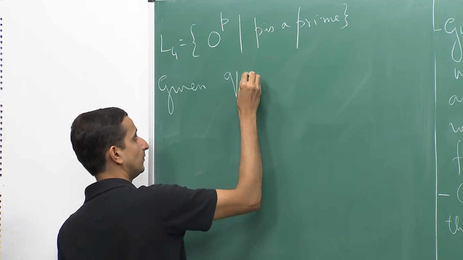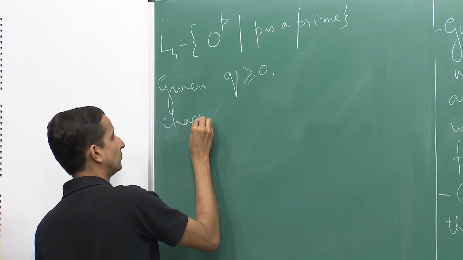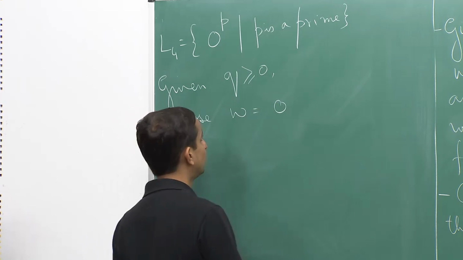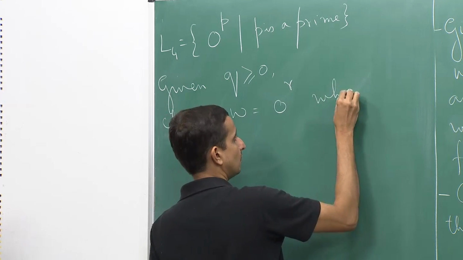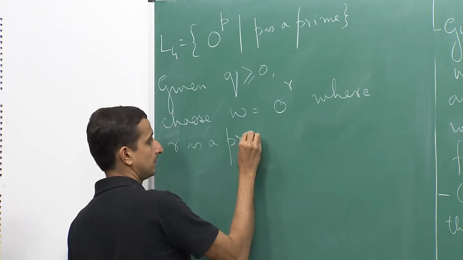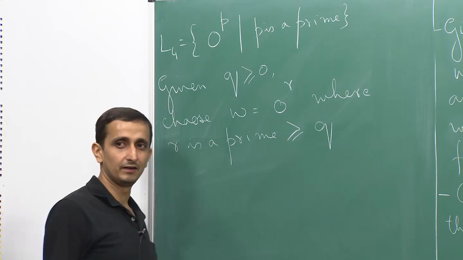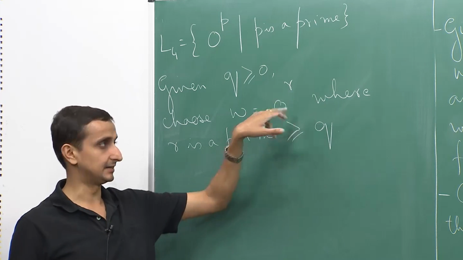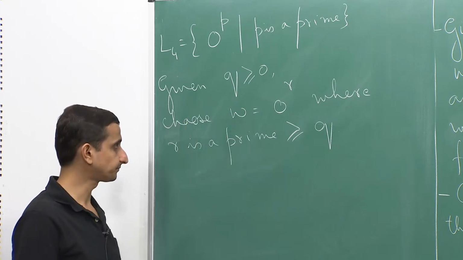Given q greater than or equal to 0, choose w equal to 0 to the power r, where r is a prime greater than or equal to q. So, pick any prime number that is greater than or equal to q. By definition, w belongs to the language and it has length at least q.